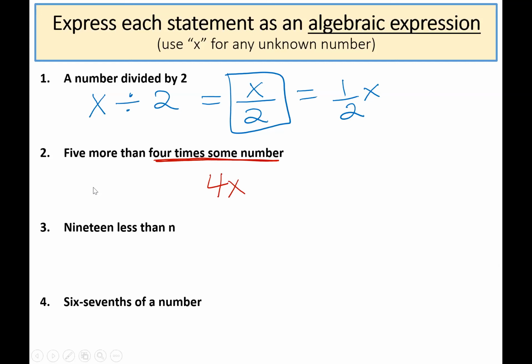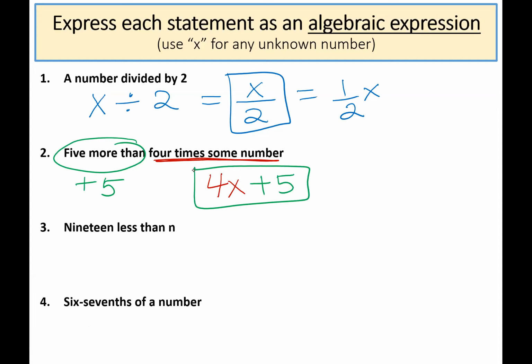Okay, but if we read the full phrase, it's not just 4 times some number, it's 5 more than that, right? So we're going to take that 4x, and then we will add 5 to it. So the full final answer can actually be 4x plus 5.